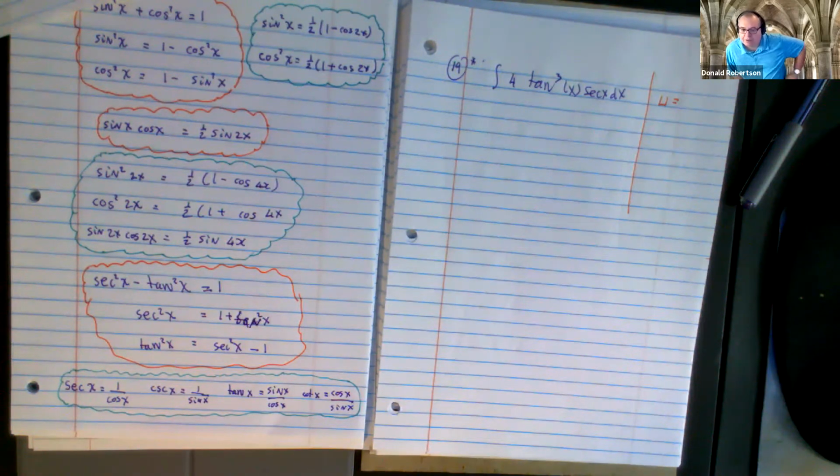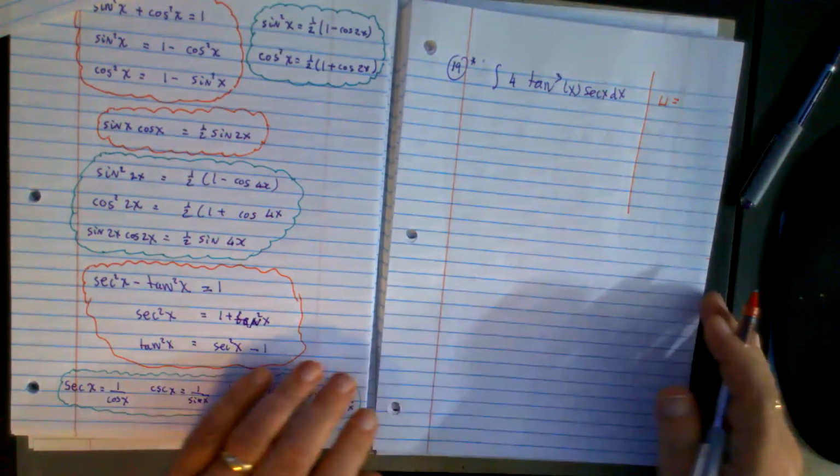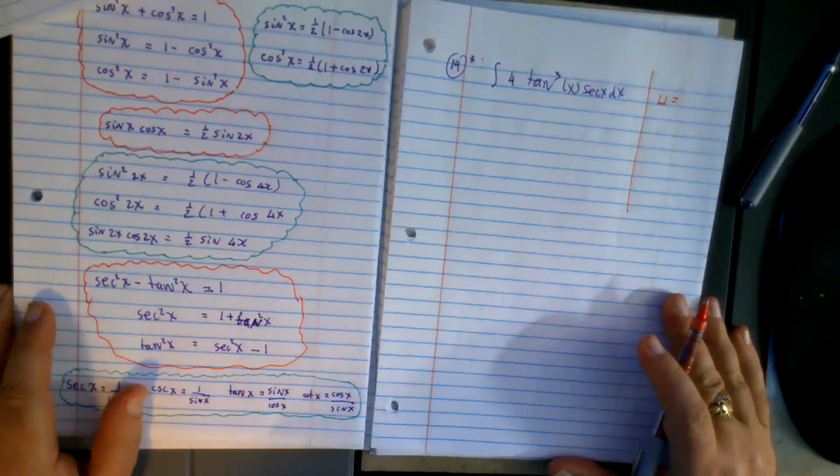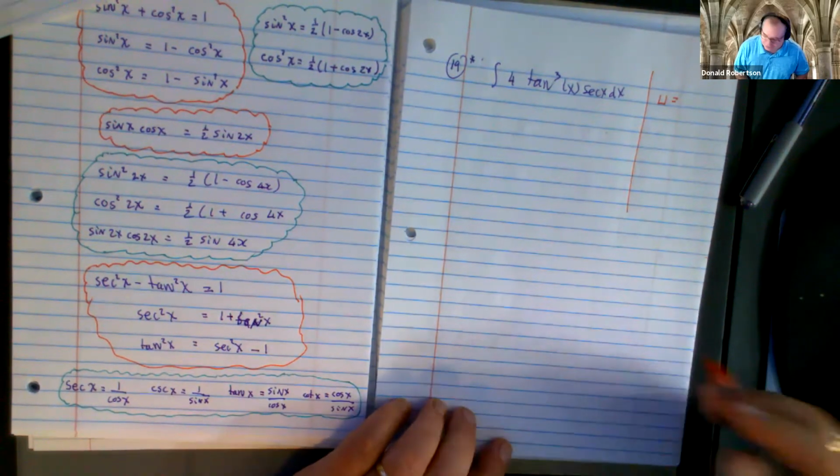Which one's it going to be? It's still a 50-50 guess. Secant x or tan x? Tangent. You like tangent. So I'm going to say no. But it was as good a choice as any.